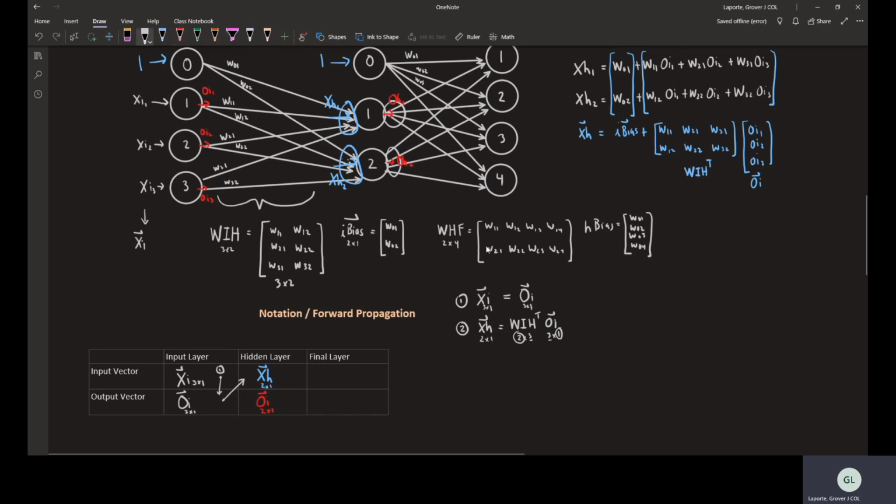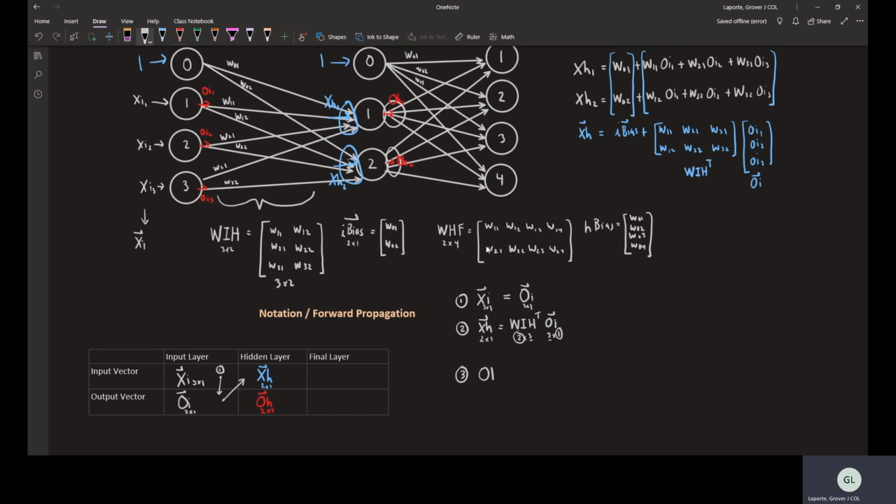So the calculation there is pretty simple. I guess it's a little more difficult than number 1 where you just set them equal to, but it's not that difficult. I called this thing OI, when really it should have been OH. So OH is the output of the hidden layer.